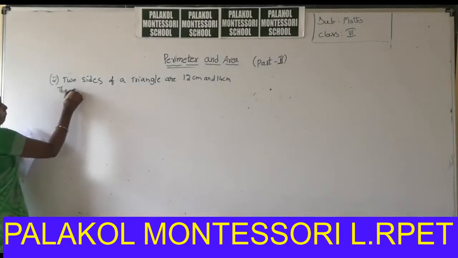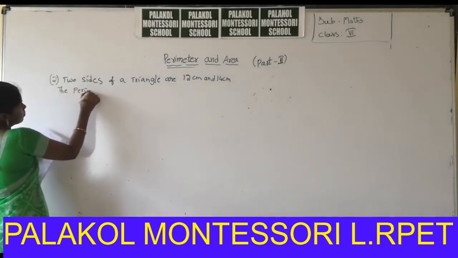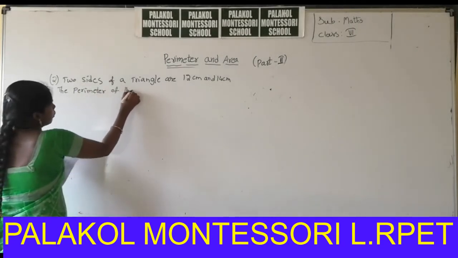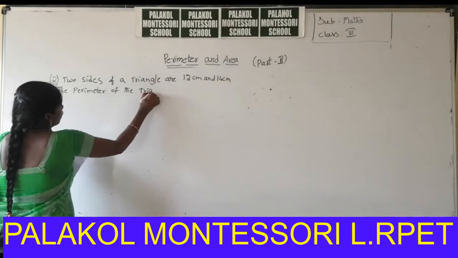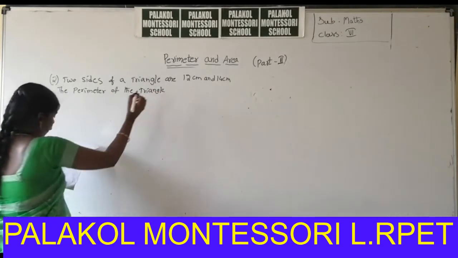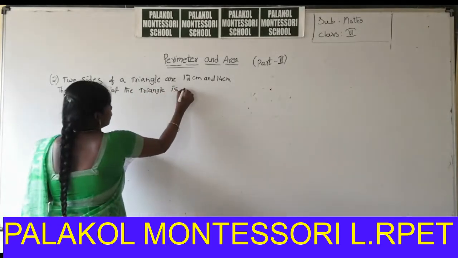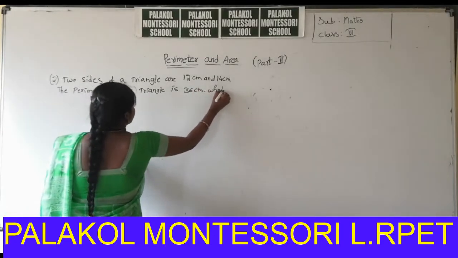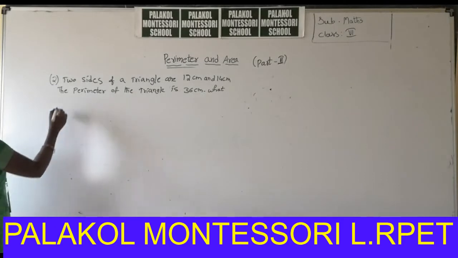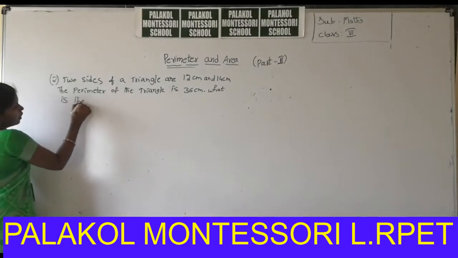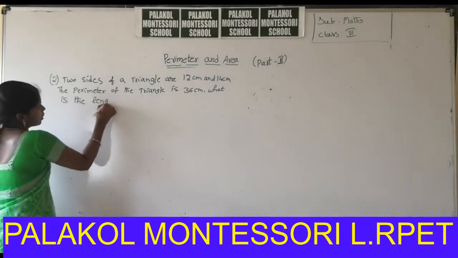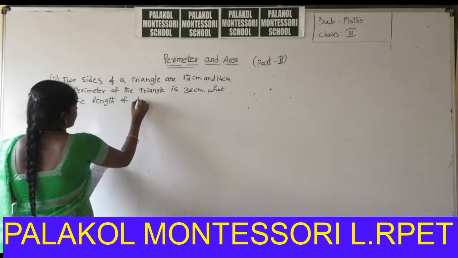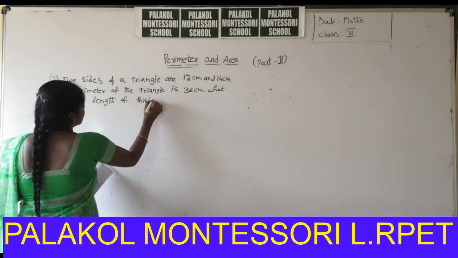The perimeter of the triangle is 36 centimeters. What is the length of the third side?